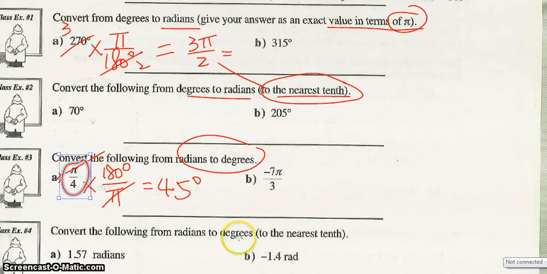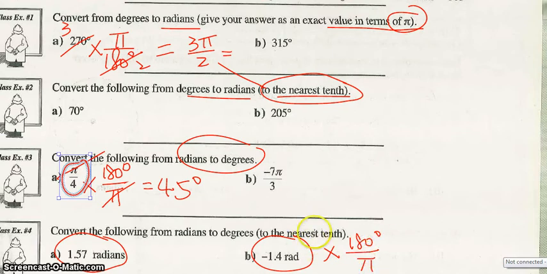For converting radian to degree, you can also have a radian without a pi, right? Like here, without a pi. But you still multiply with the same conversion factor. Then in your calculator, type 1.4 times 180 divided by 3.14. Then you get whatever answer, so that will be your answer in degree.